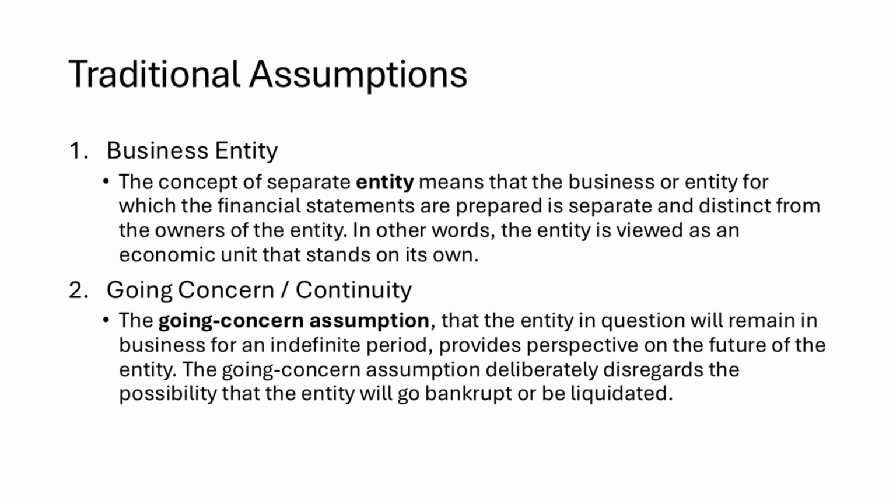The grocery store will be treated as a separate entity. So you just think of it one by one: one owner may have different stores, different companies, different entities. You must separate them to account for them. Okay, that is the first assumption.